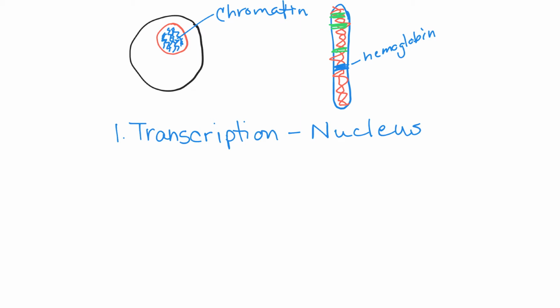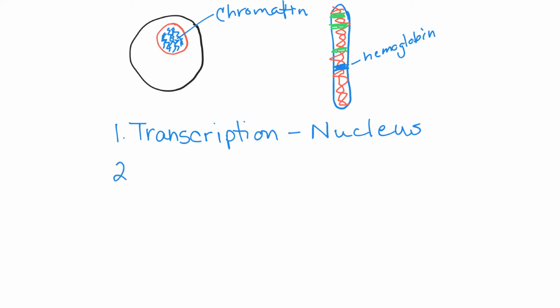They never leave the nucleus, because if they leave, something could happen. They could be damaged, because they would have to go on quite a journey to get to the ribosome where translation occurs. So basically we make a copy of that gene in the nucleus, and then that copy is taken to the ribosome.